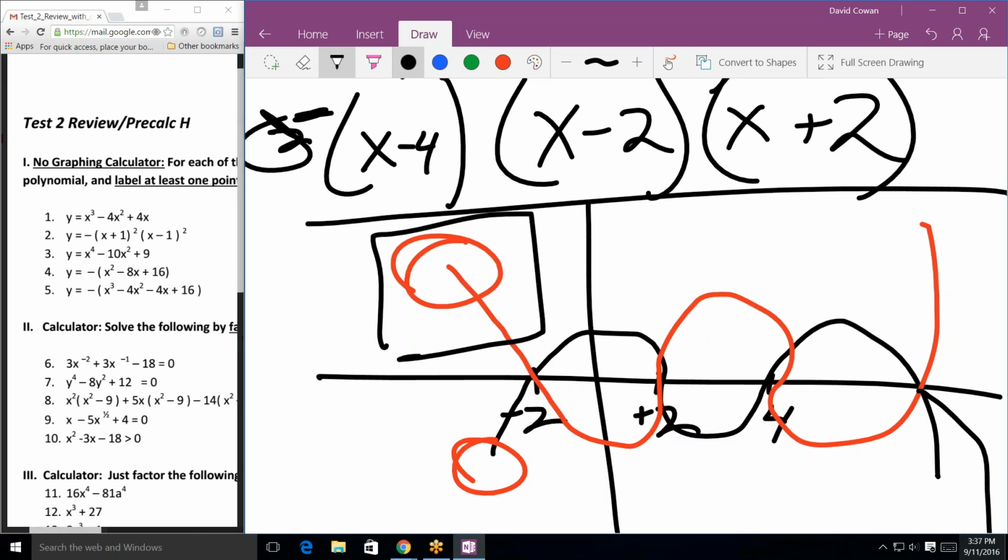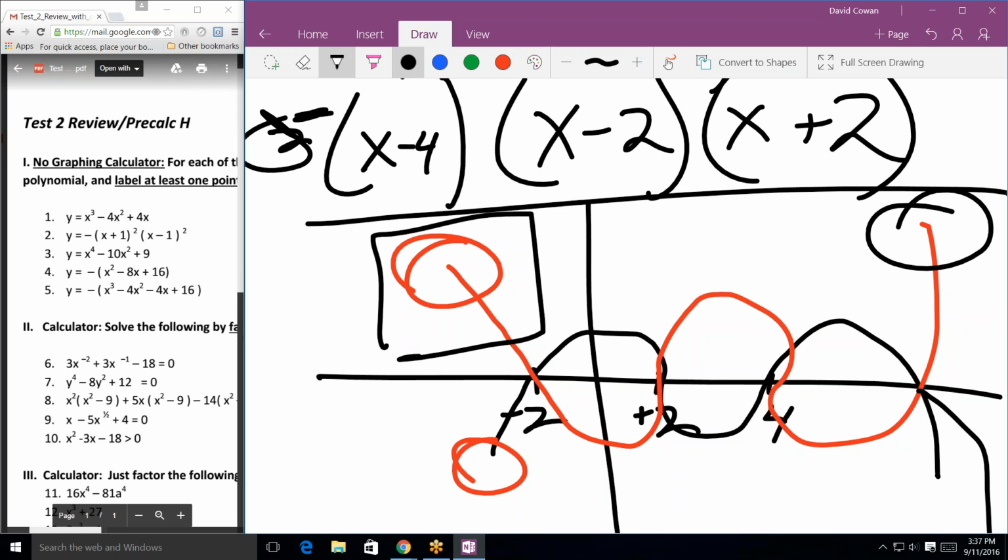Sorry, I got mixed up for a moment. In number 3, because it's x to the 4th and x squared, the right-hand end behavior has to be positive infinity also, right? So this is actually correct.